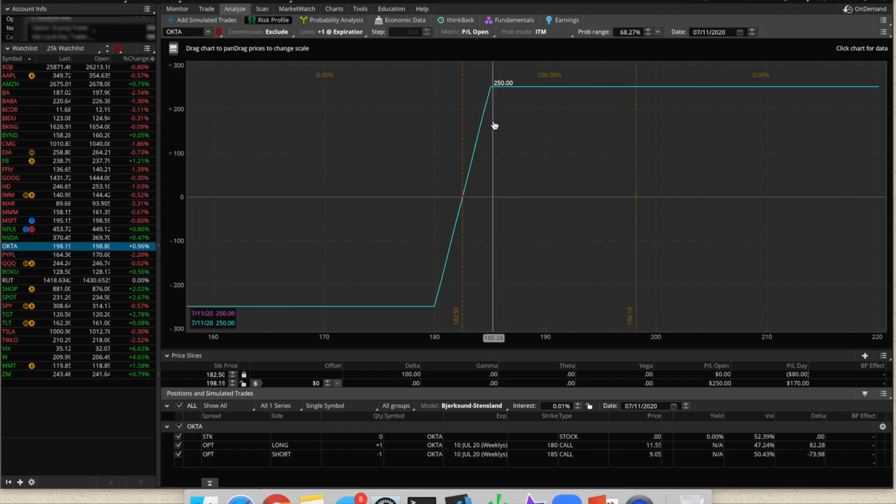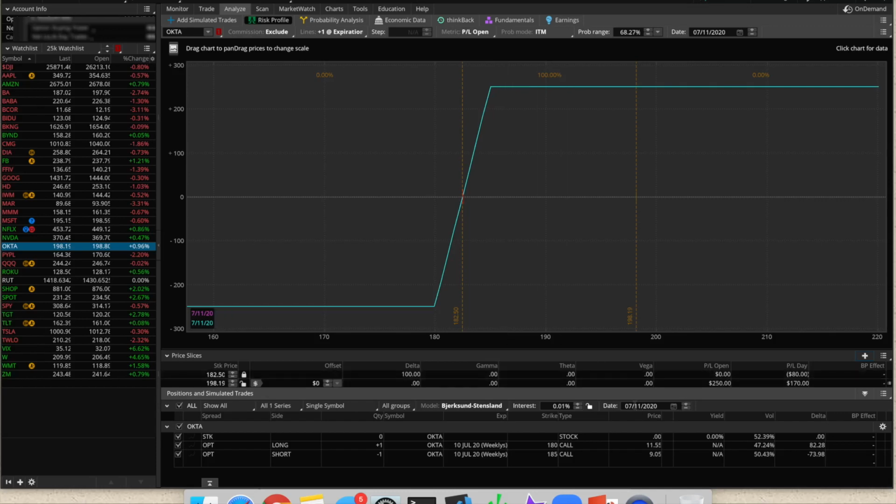Whether the stock price is at 185 or 198, there is no difference. That's the thing which confuses people when dealing with debit spreads. The key to remember is you have to wait for the extrinsic value of both the options to come out, or go nearly to zero, for you to make full profit on debit spreads.